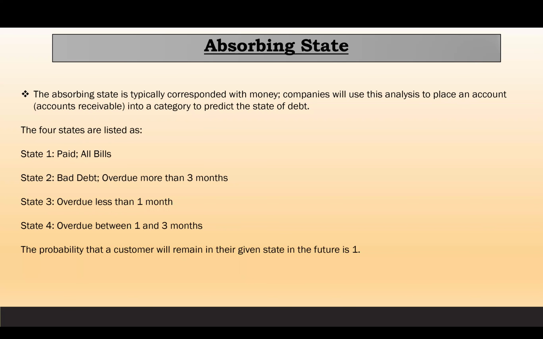If you are in state 1, that means you were paid and all your bills are good. If you're in 2, you have bad debt and you were overdue by roughly 3 months. If you're in 3, you're overdue by roughly a month. And if you're in 4, you're overdue between 1 and 3 months. And this is, like I said, when companies use this to check out debts, see where they are with their accounts, etc. Next slide.